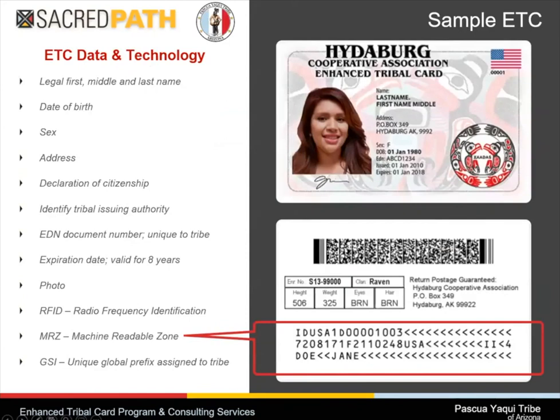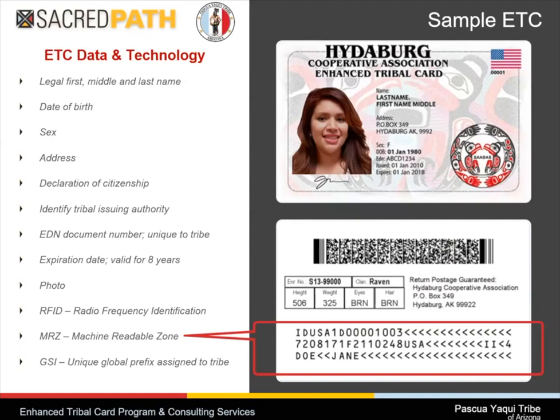Okay. As you see in the example of Heidelberg's ETC, the information that's printed on the ETC card is the same information that your members will provide their local DMV when they apply for a license. But the back of the card on the bottom is unique, and this is where tribes can see more benefits of implementing an ETC card for their members.